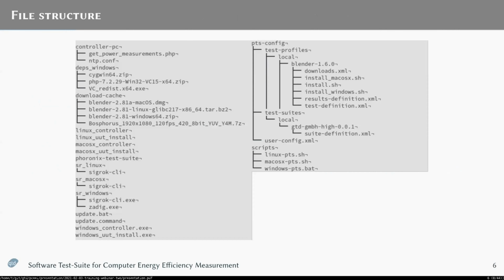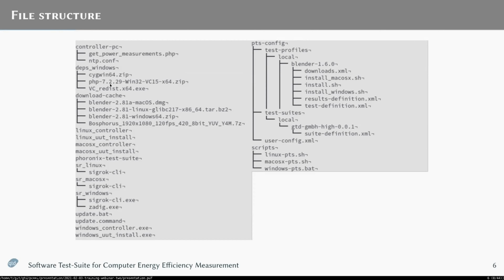Here's another visualization of that folder structure on the USB key. Maybe it's a bit more visual if you see multiple folders at once. So we have the controller PC here with a few files, the dependency folders. I left out the other 2 for Mac OS X and Linux because it doesn't fit on the slide anymore.